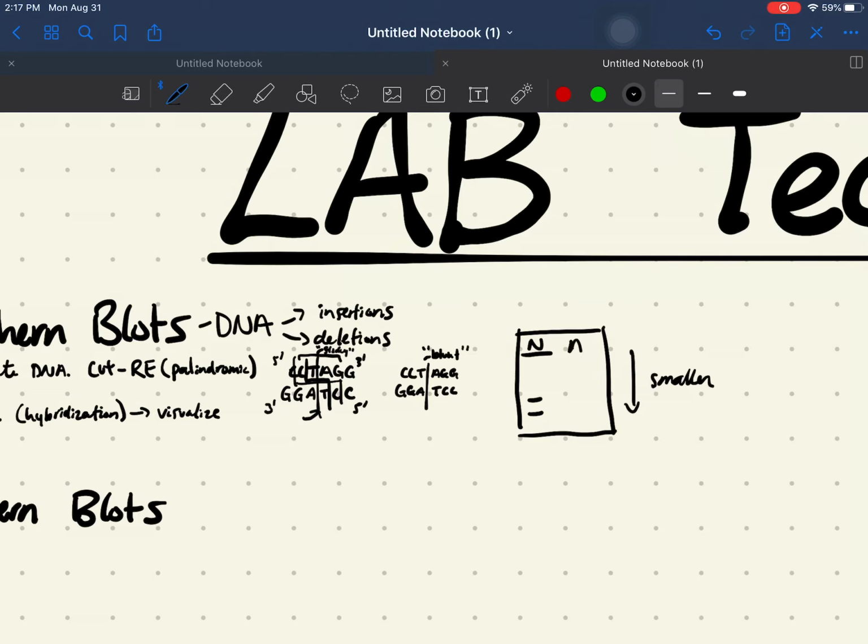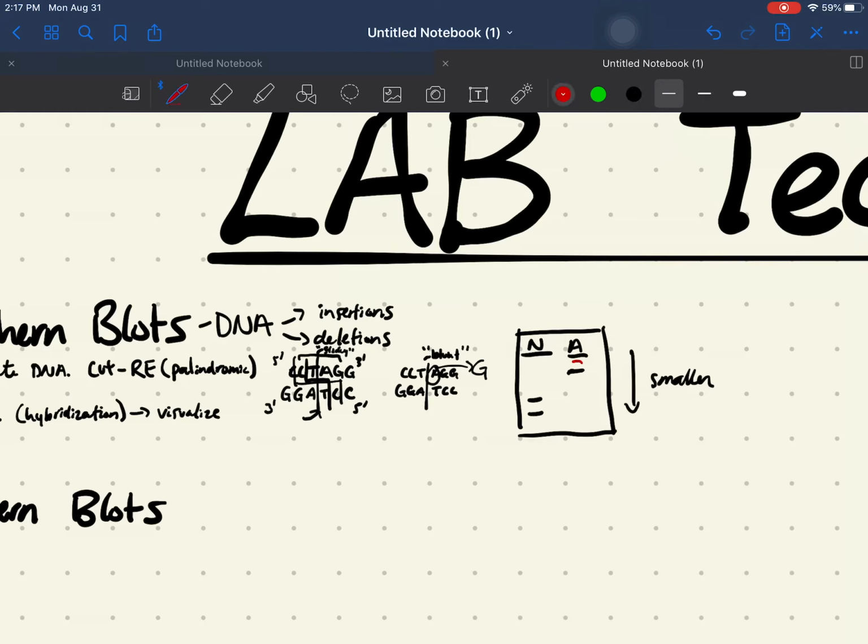Okay, and then maybe the affected patient, they have a mutation here. So if they have a mutation in DNA where this A is going to be substituted with a G, then the restriction endonuclease won't be able to recognize it, and thus it won't cut. And as a result, you may end up with a larger piece of DNA that isn't cut.